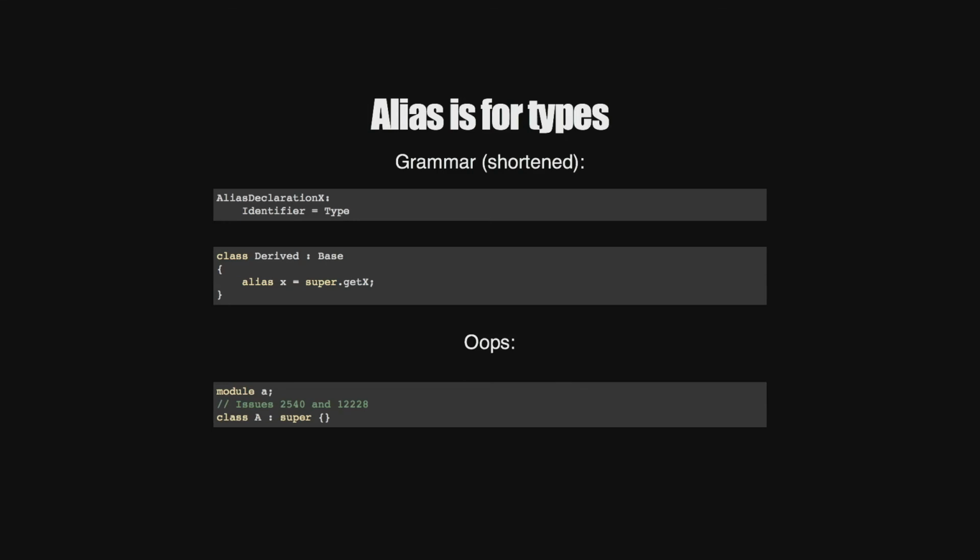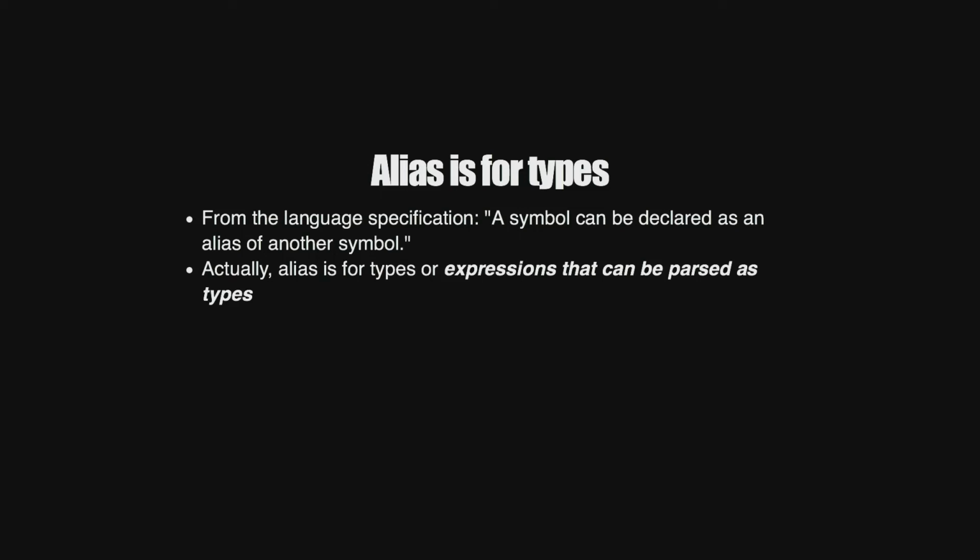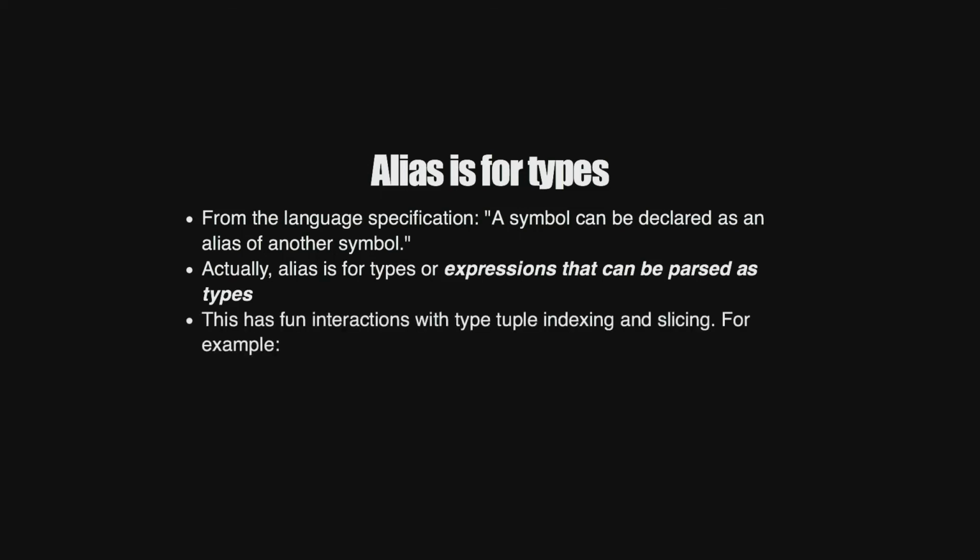That I think is an error now, but it should have been caught at the parsing stage. So aliases for types or other symbols, and symbols are not necessarily types, because some symbols are actually tuple index expressions. And I'm not sure if this pull request was merged, but there's another special case added to the parser for this. It's gotten a little out of hand.